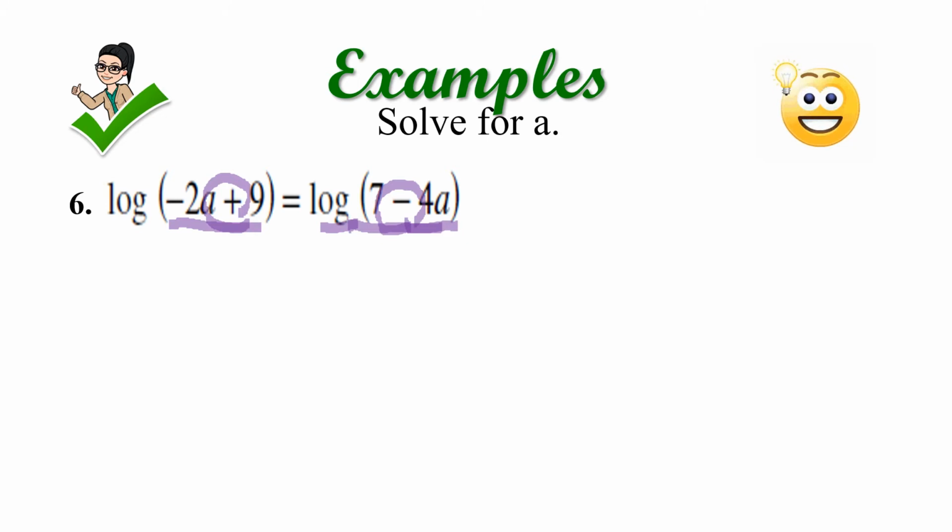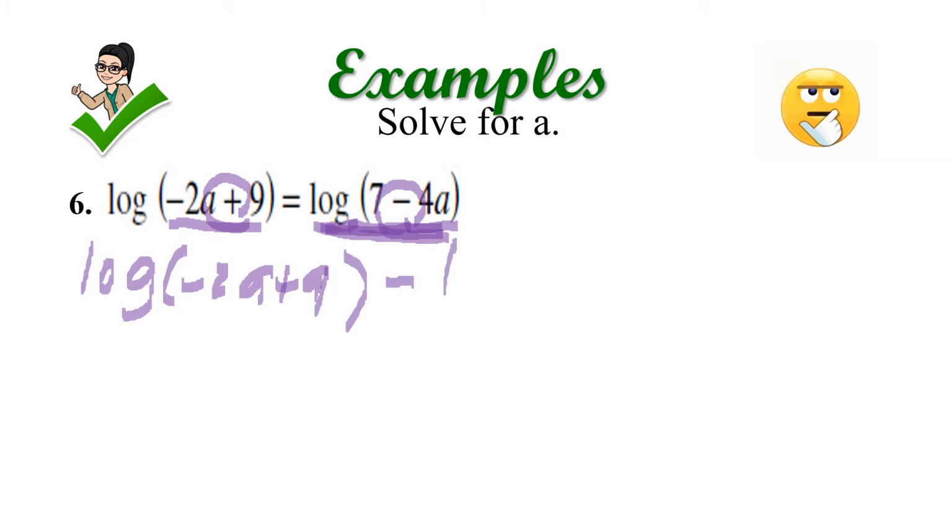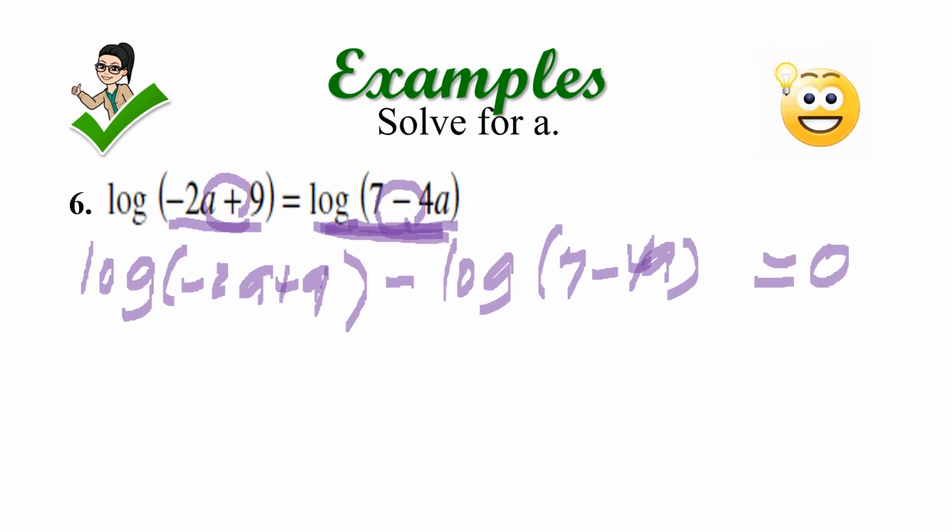So we have to do something. Instead of applying those rules, we have to create another equation out of this that we can apply any of the three properties. So in this case, when you see like this, you have to transpose this to the left. So this will become logarithm of negative 2a plus 9 minus logarithm of 7 minus 4a is equal to 0.